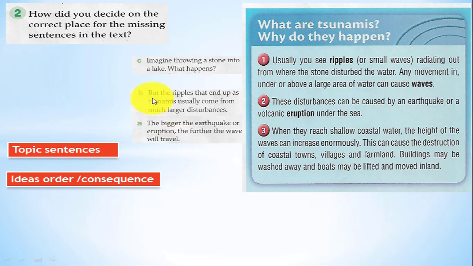That's why we relate this sentence to paragraph number 3. At the end, to sum up, we say topic sentences and idea order are the things that we depend on to decide on the correct place of the missing sentences in the text.